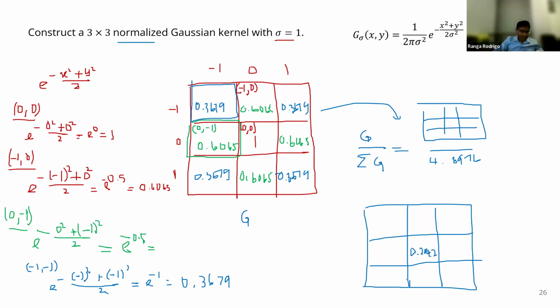Then 0.6065 divided by 4.8976 is 0.1238.